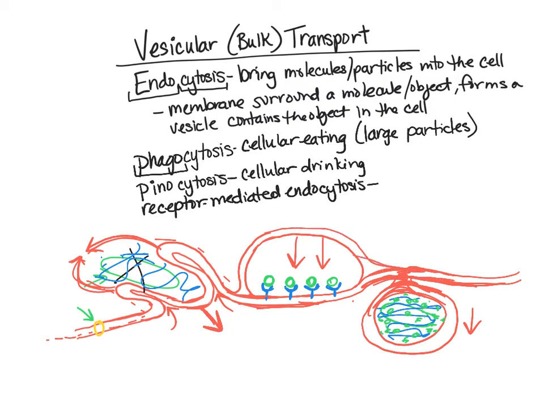Rather than drawing this all over again, this is kind of moving down as the plasma membrane is moving around it. So this would be our receptor-mediated endocytosis. So endocytosis is one type of vesicular transport. It's bringing something into the cell. And then we have the three types of endocytosis.